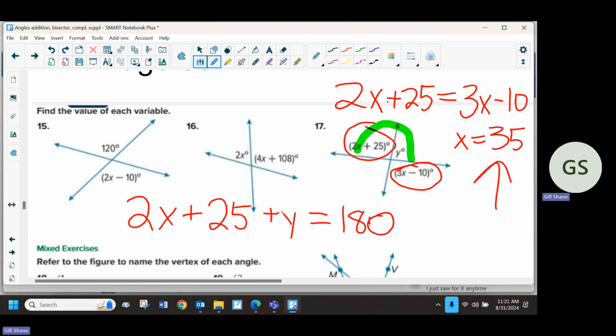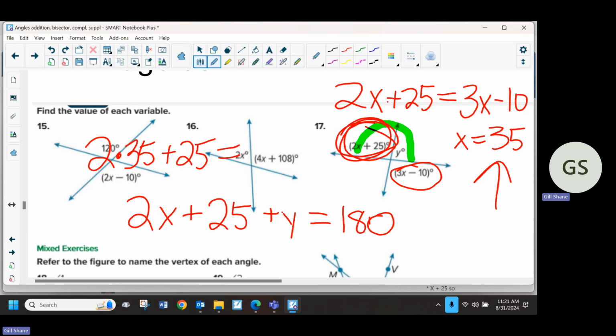Anytime you solve for a variable, you can plug it back in and figure out the pieces of the figure. So 2 times 35 plus 25 is going to be the measure of that angle. That's what the measure is, 2 times x plus 25.